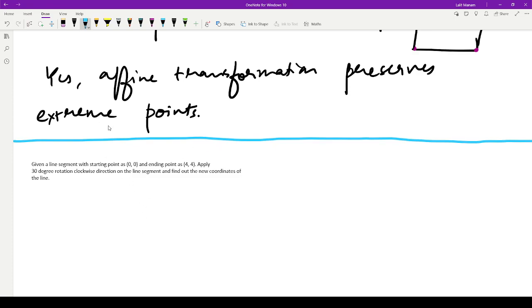Given a line segment starting at a point 0 comma 0 and ending at 4 comma 4, we need to apply a 30-degree rotation in the clockwise direction on the line segment and find the new coordinates of the line. Okay, fine. So how do we do it?